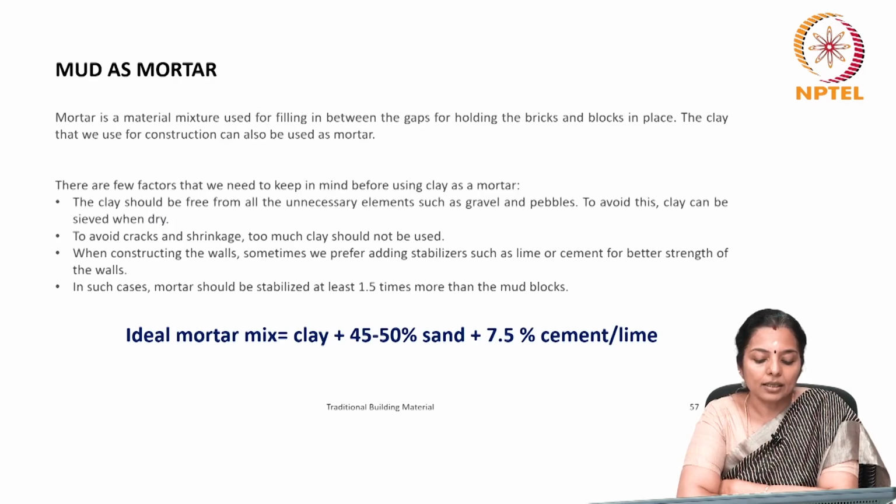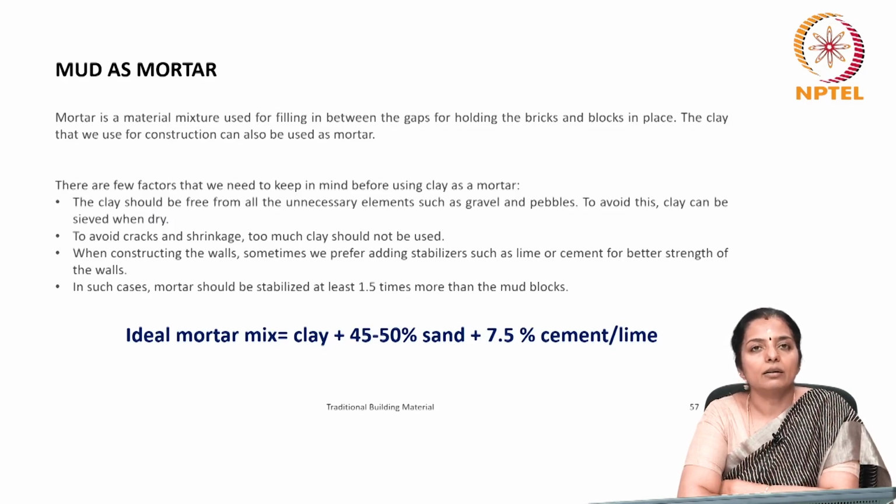And when constructing the walls, sometimes we prefer adding stabilizers such as lime or cement for better strength of the walls. In such cases, mortar should be stabilized at least 1.5 times more than the mud blocks.